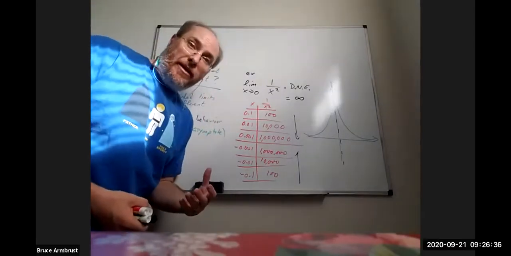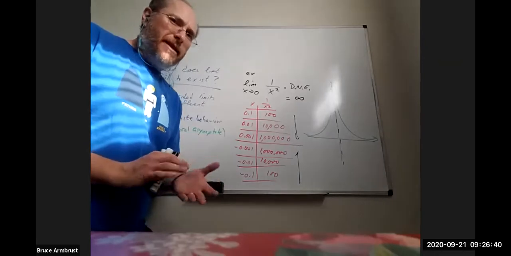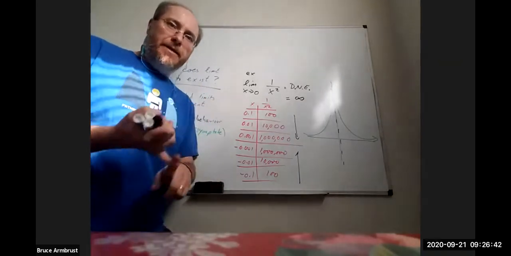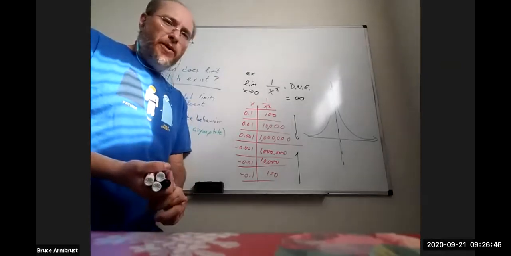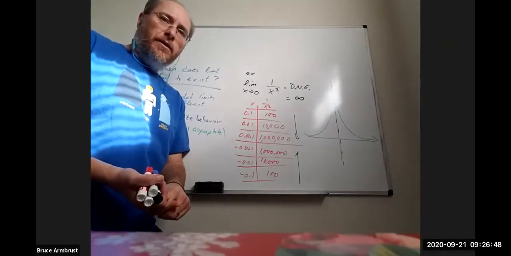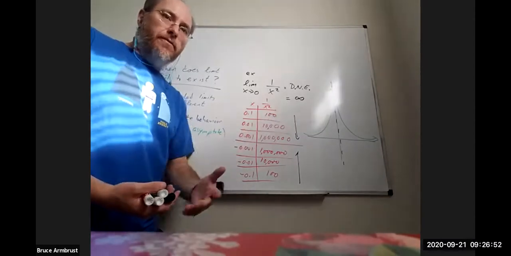And I apologize on behalf of mathematicians for doing this, because it doesn't really make sense to say it doesn't exist, but we're still going to say it is infinity. But infinity is a weird thing. It's not actually a number. It's more just the idea of going on forever.